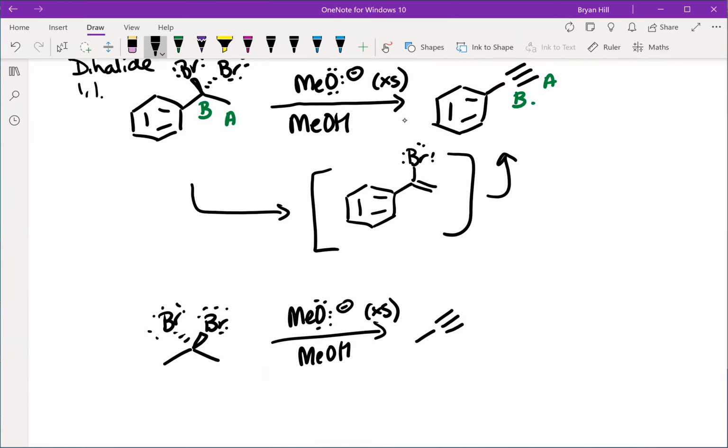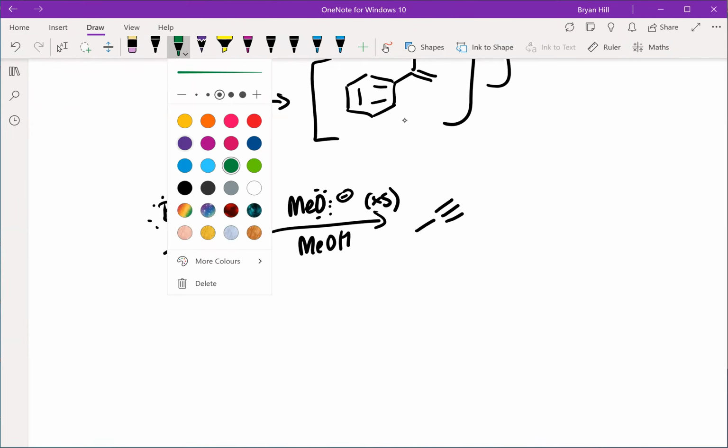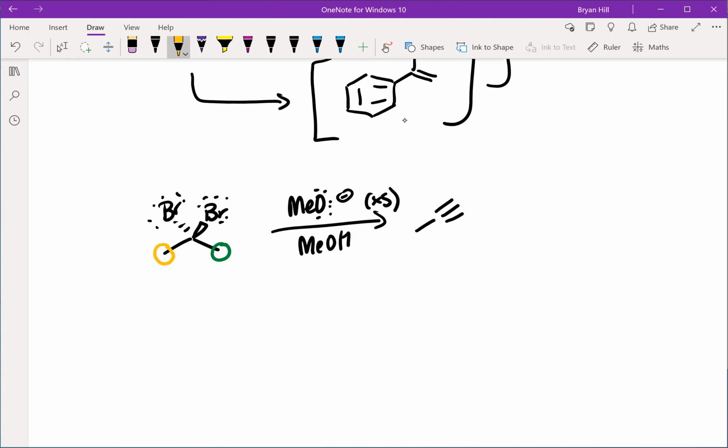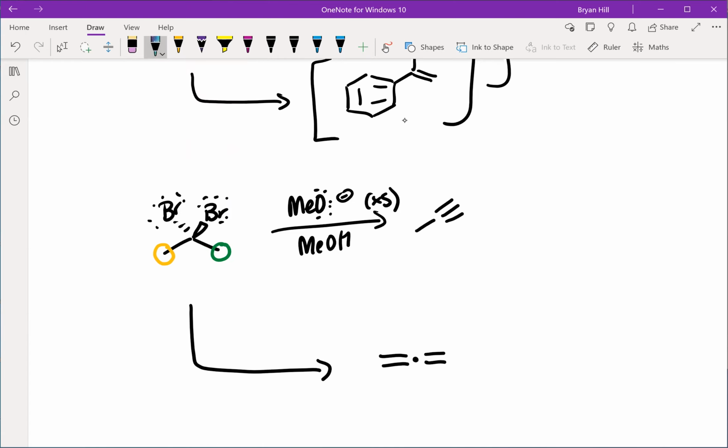Once you do the first elimination, you could say to yourself, well, I could take a proton from this carbon, or I could take a proton from this carbon. And if I did that, the product you make is this. So we'll number these carbons 1, 2, and 3.